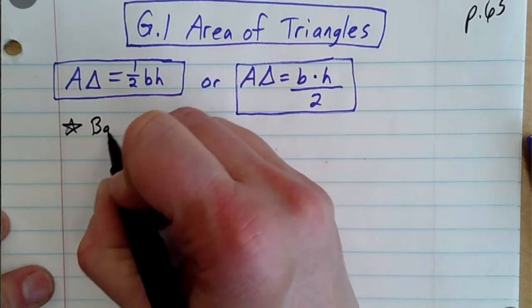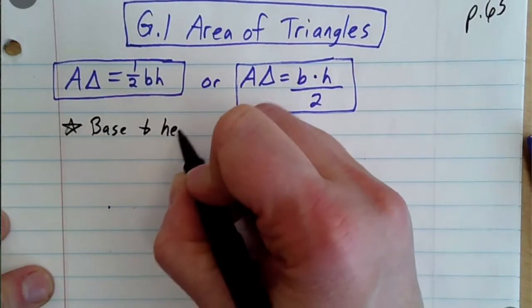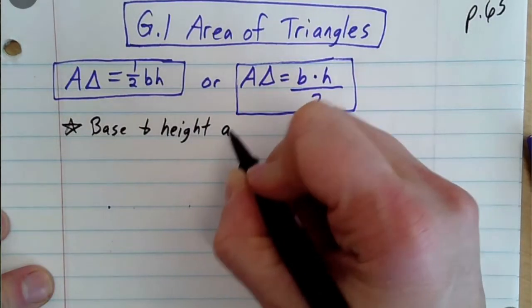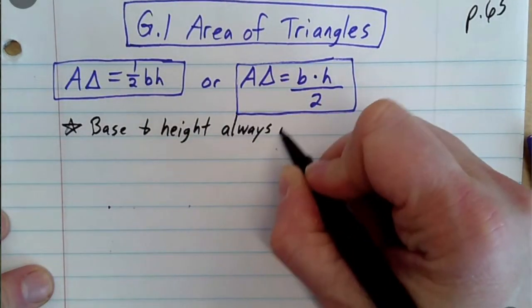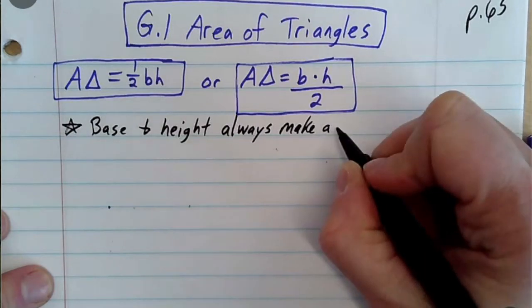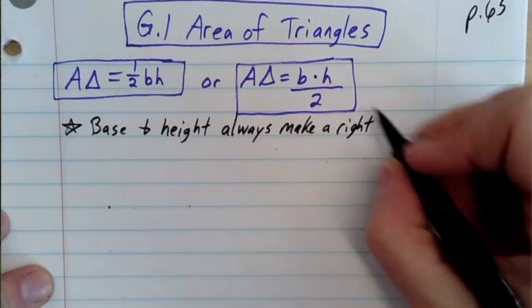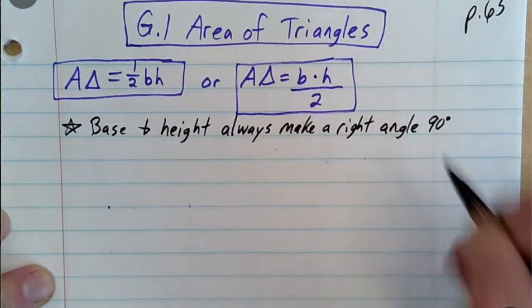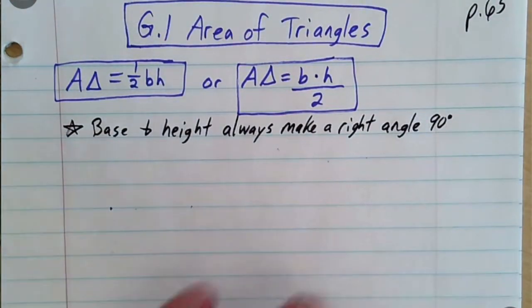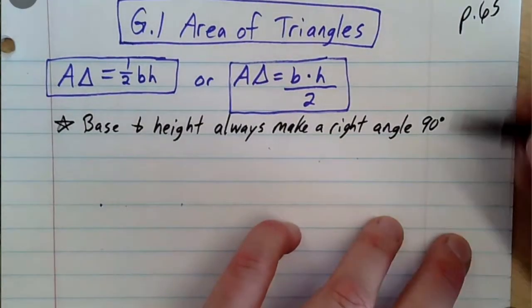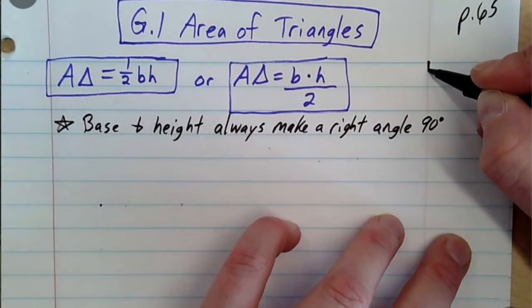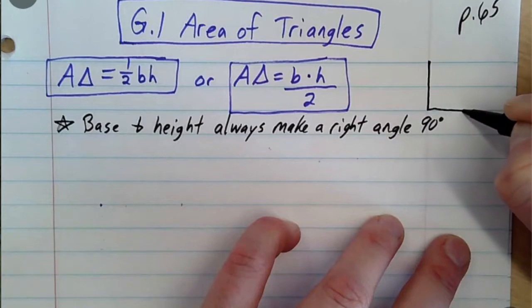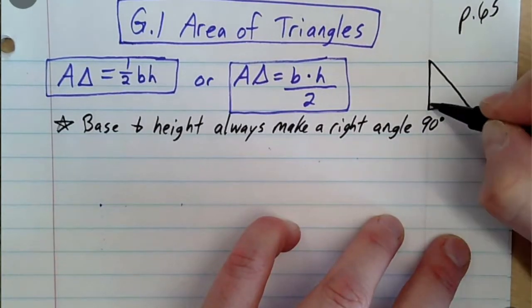A couple things you need to know, so I'm going to put a star here. Your base and height always make a right angle. We call a right angle 90 degrees. How do you identify your base and your height? Most of the time when you draw a triangle, I'm going to make it like this. It's a right angle.